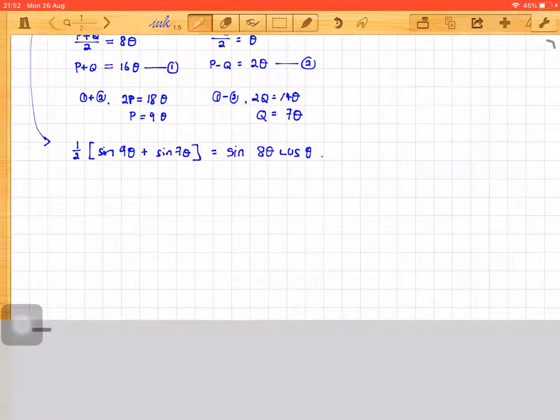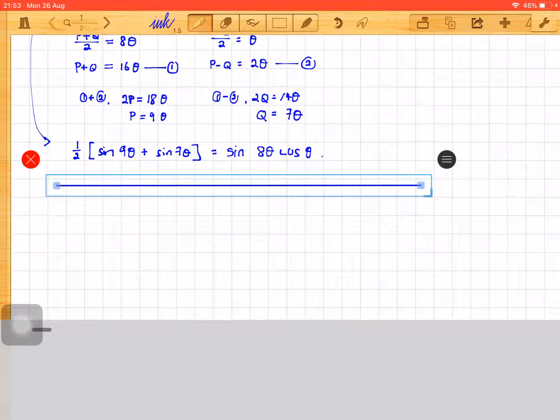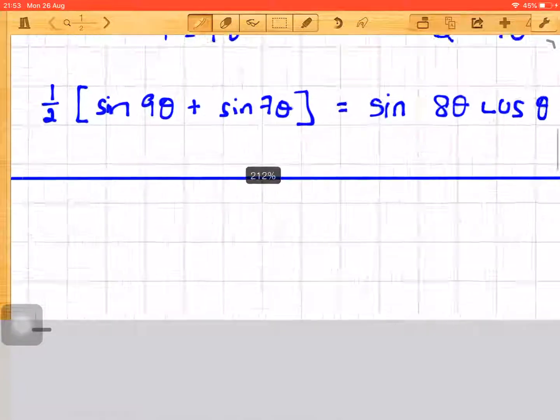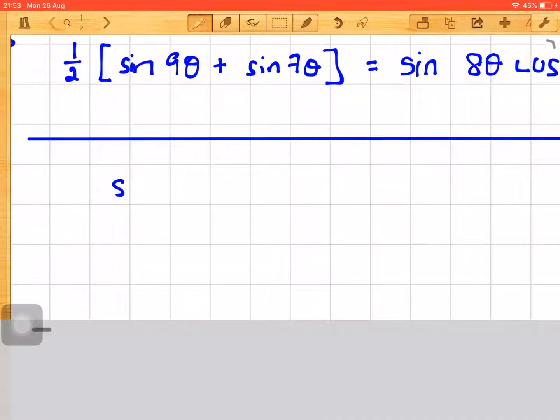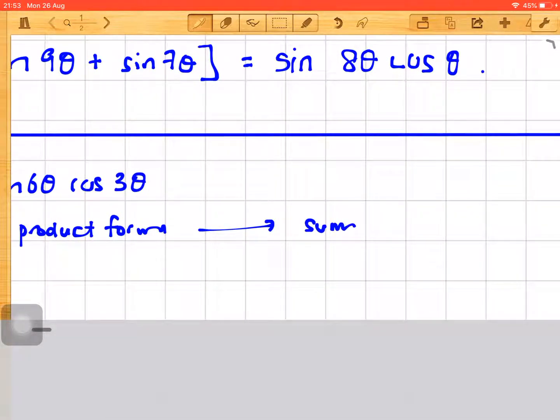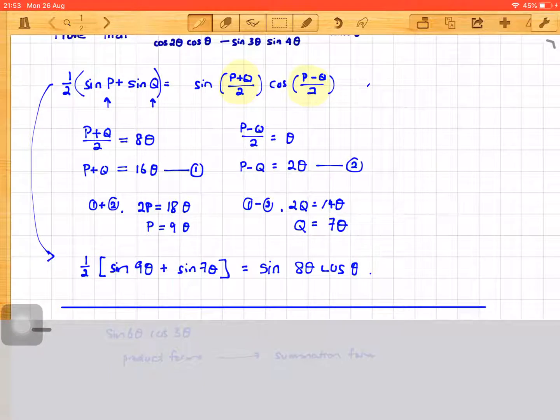We have the second part, sine. I'm just gonna zoom in for you to see better. Sine 6 theta cos 3 theta. This is what we call product form. So we have to change it into summation form by using the formula like just now.